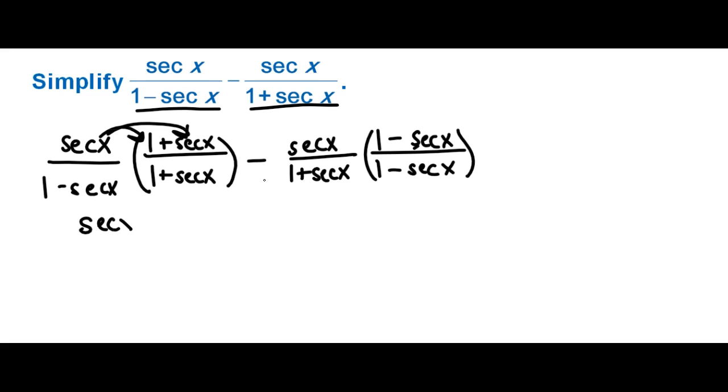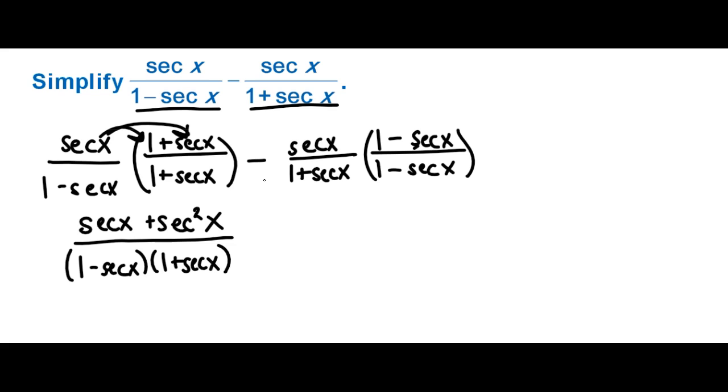So I get secant of x plus secant squared of x over, I'm just going to leave this the same, 1 minus secant x times 1 plus secant x. And remember, I have a minus here, so I'm going to take my minus secant of x times 1, which will be minus secant of x.